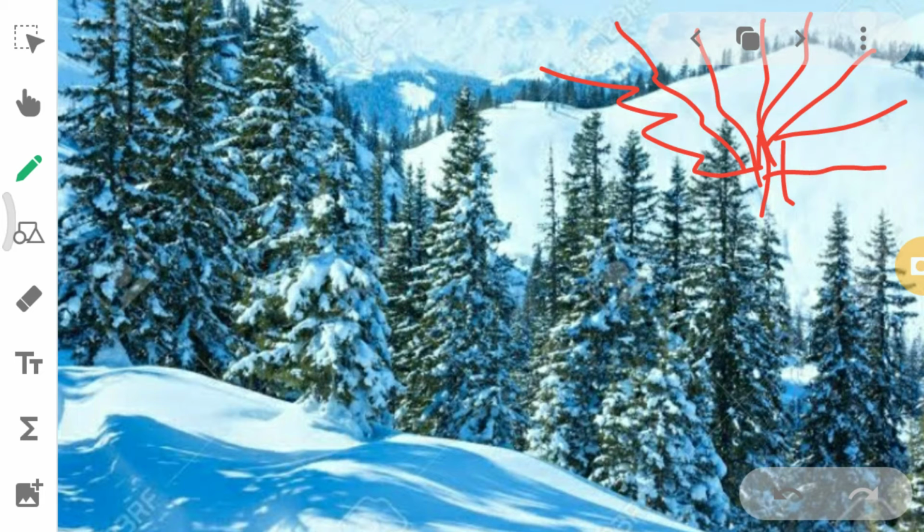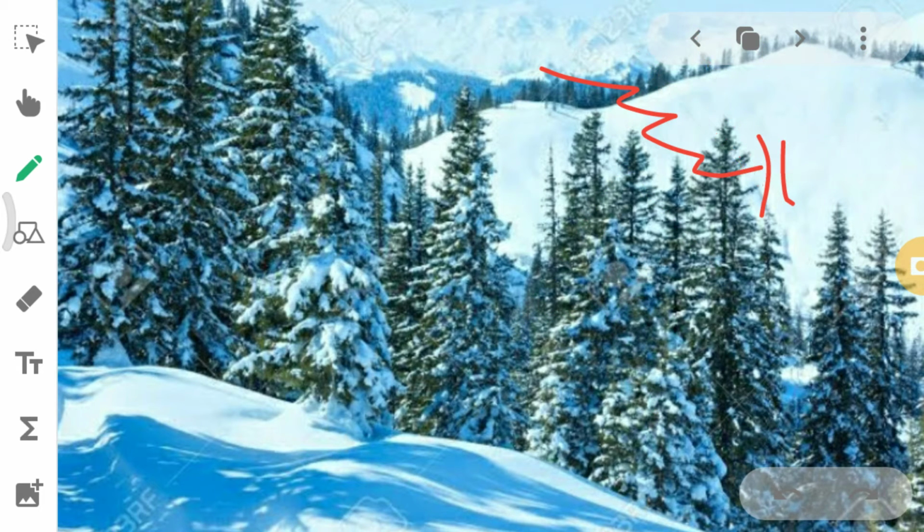They are in this kind of shape, but they don't grow in this kind of shape, right? But in these mountain regions, the plants grow in cone-shaped structures. See, they grow in cone-shaped structures. Let us see why.